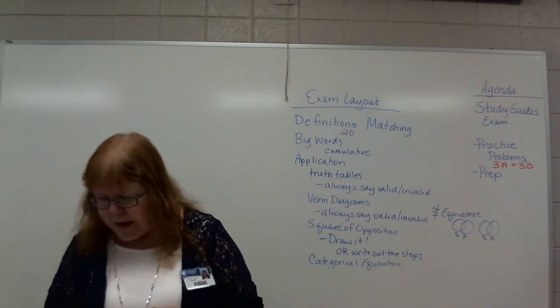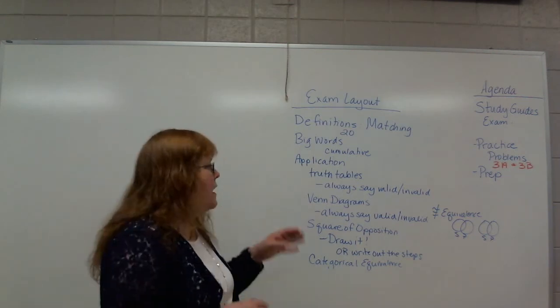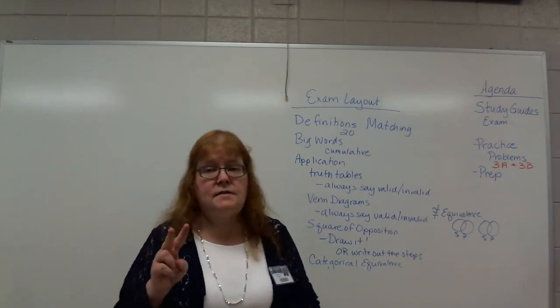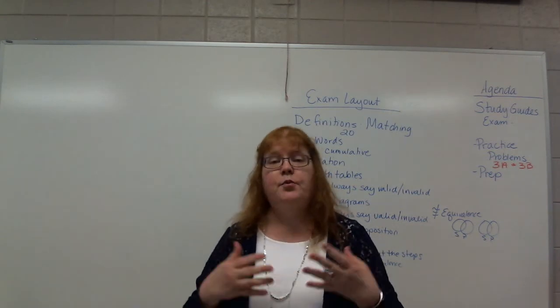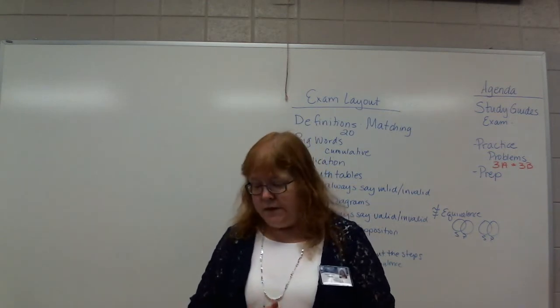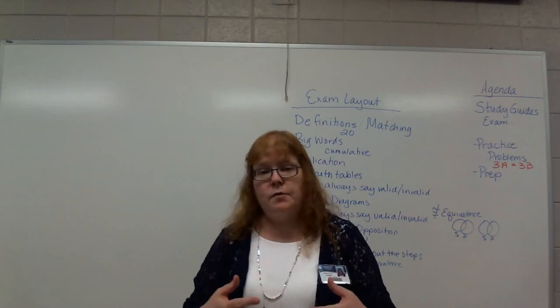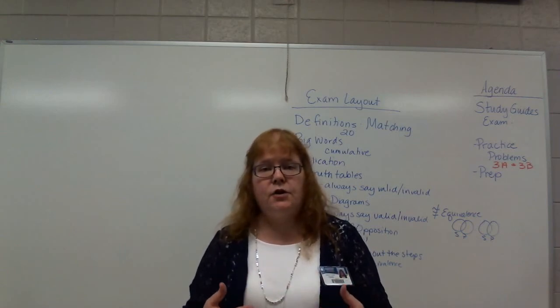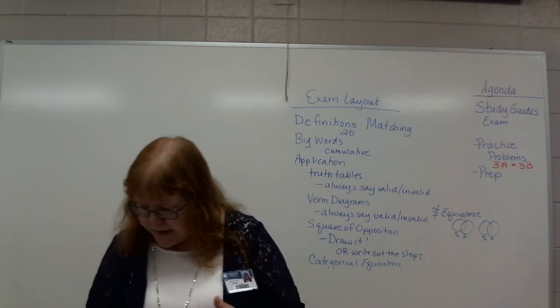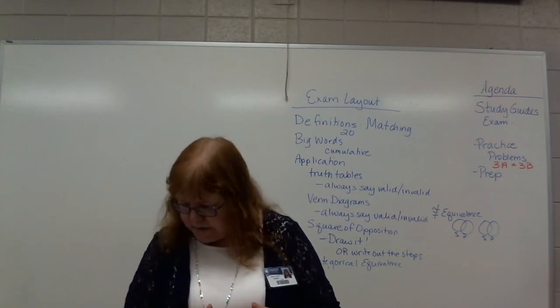The other thing I want to show you is you have 2 sets of prep, okay, so practice work for this exam. One is our normal kind of stuff where you're going to look at the integrated exercises for Chapter 7.